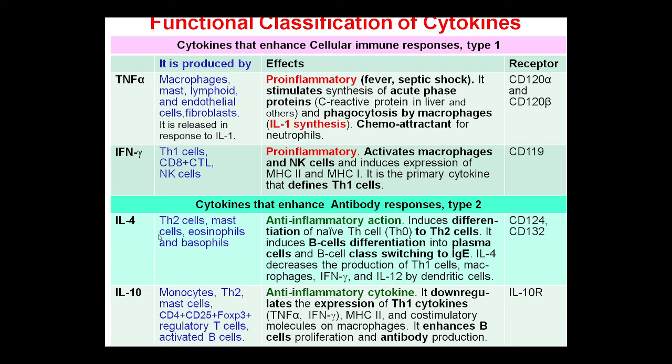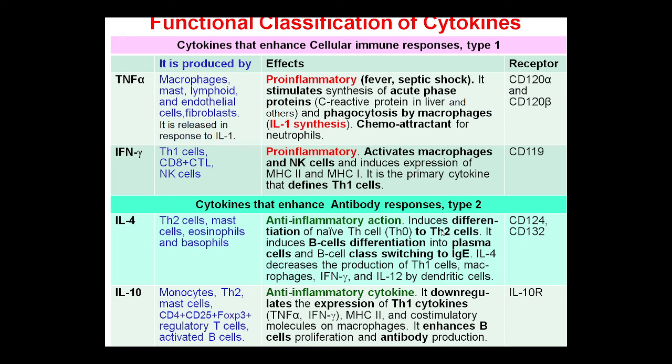What is happening? Interleukin 4 is an anti-inflammatory cytokine that inhibits processes of inflammation stimulated by T helper type 1 cytokines, such as tumor necrosis factor and interferon gamma. They are pro-inflammatory. Interleukin 4, oppositely, is an anti-inflammatory cytokine. Interleukin 4 induces differentiation of naive T helper cells, Th0, to T helpers type 2.